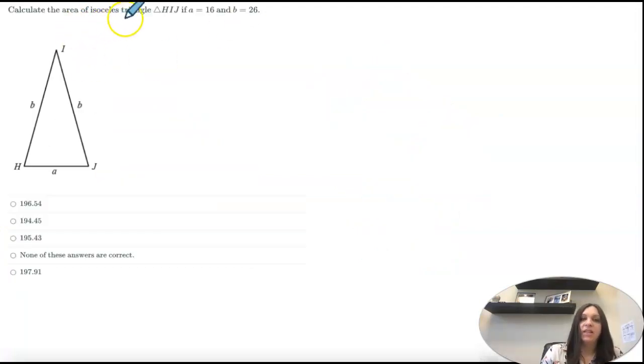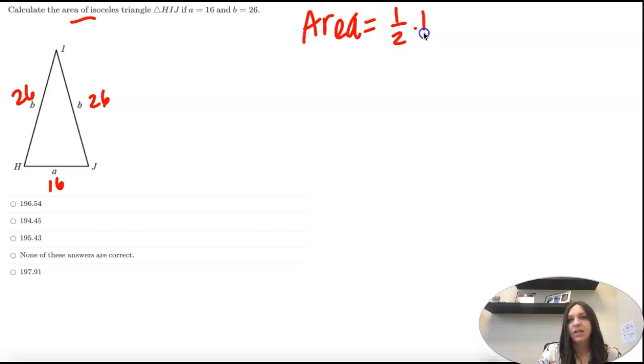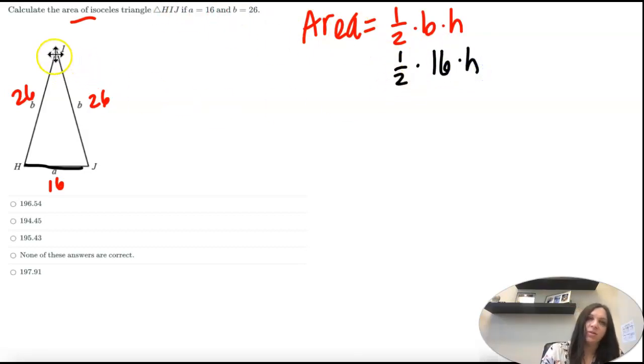Calculate the area of the isosceles triangle if A is 16 and B is 26. Area of a triangle, remember? 1/2 times the base times the height. We know the base is 16. We need to find the height. If we drop down this line, this would be the height, which we're not given.